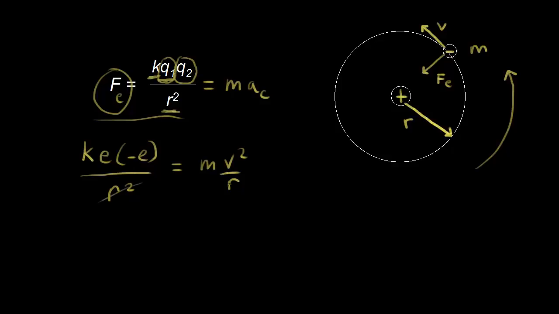Immediately we can cancel out one of the r's. Since we only care about the magnitude of the electric force, we don't care about this negative sign. So we can simplify: this would be ke squared over r on the left, and on the right, this would be mv squared.